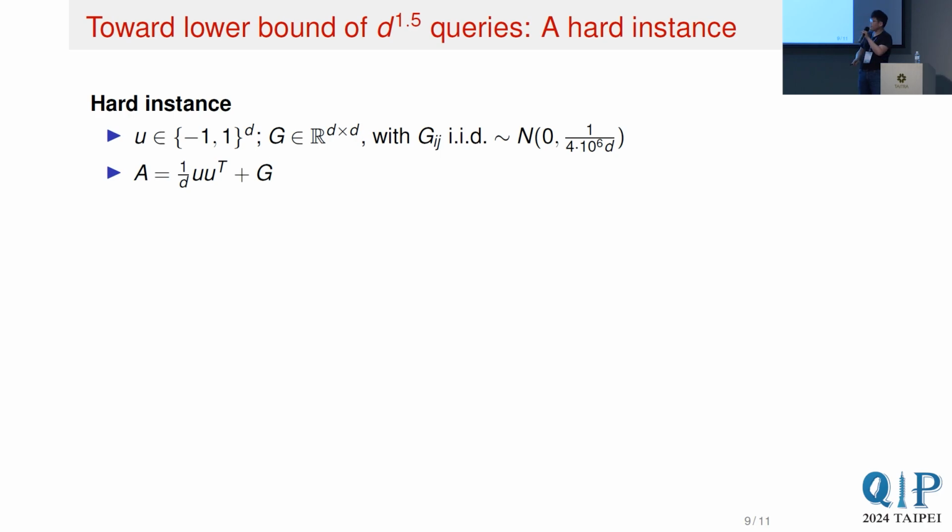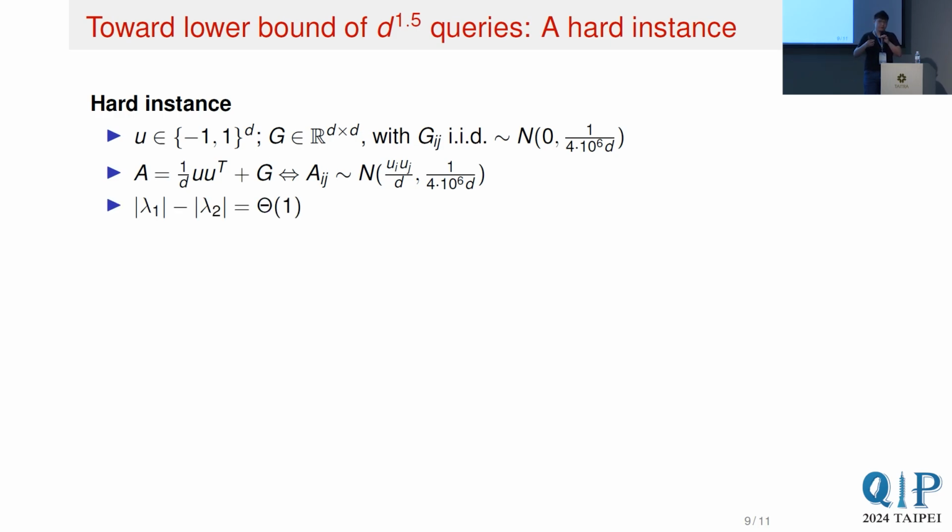The rank 1 matrix is UU transpose, where U is either -1 or 1 to the D. The entries of the Gaussian noise have mean 0 and variance on the order of 1 over D. You can equivalently consider the matrix as a Gaussian distribution with mean at either 1 over D or -1 over D, but its variance is always on the order of 1 over D.